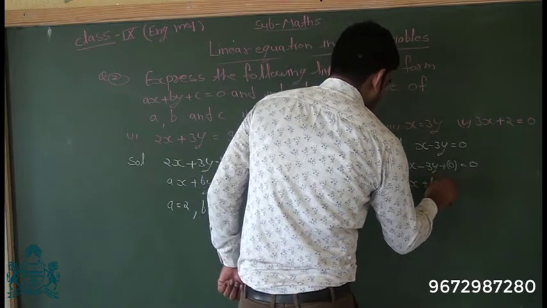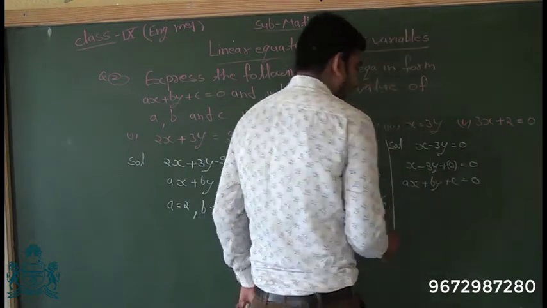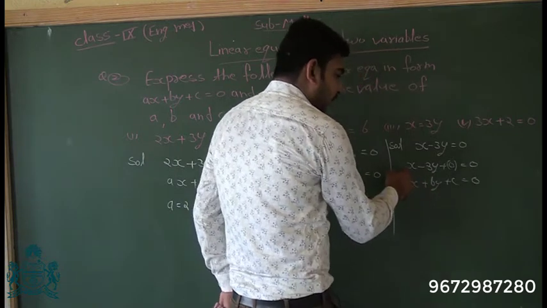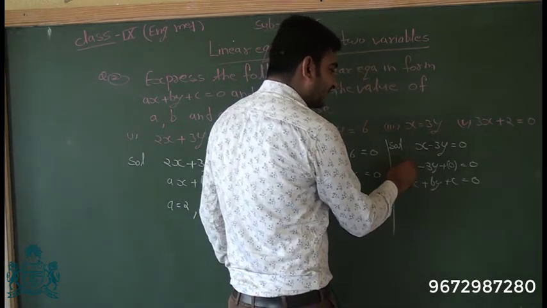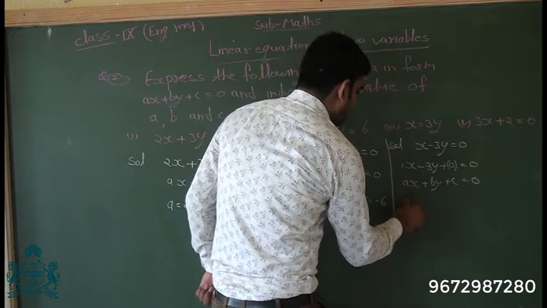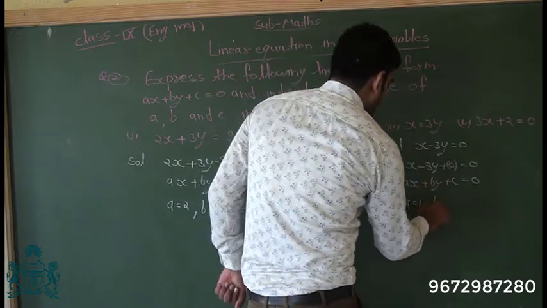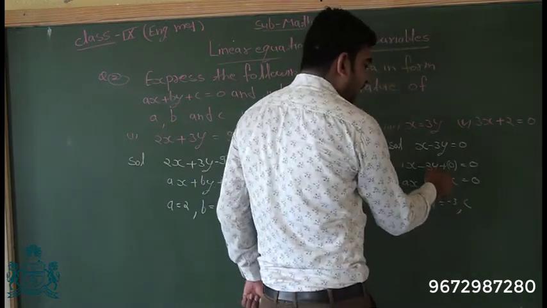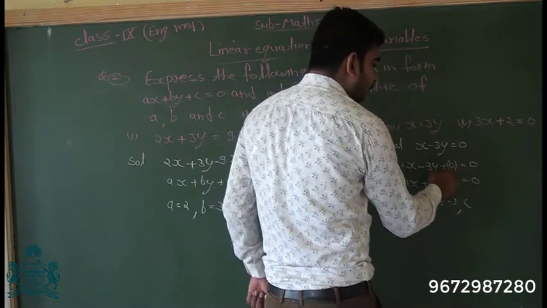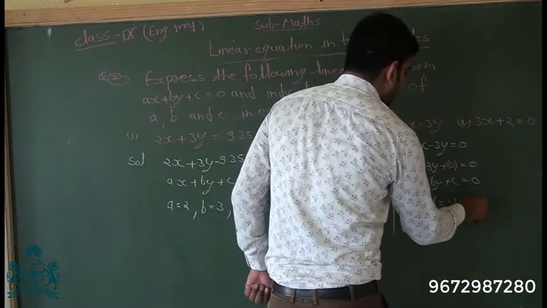Comparing with ax plus by plus c equal to 0, the coefficient of x is 1, so a equal to 1, b equal to minus 3, and in x minus 3y equal to 0, c is the constant number, c equal to 0.